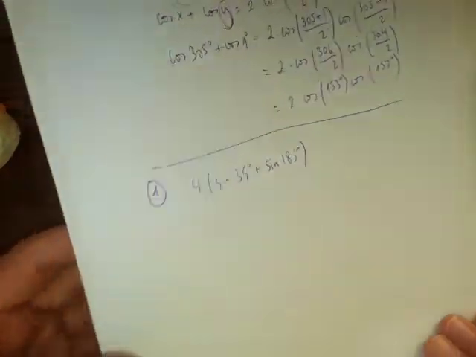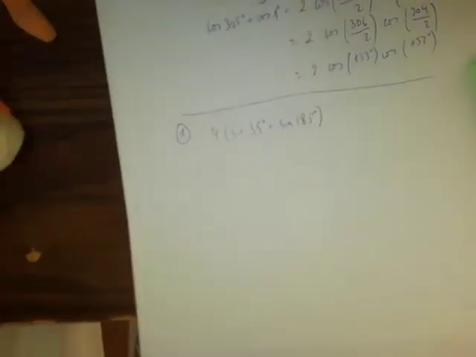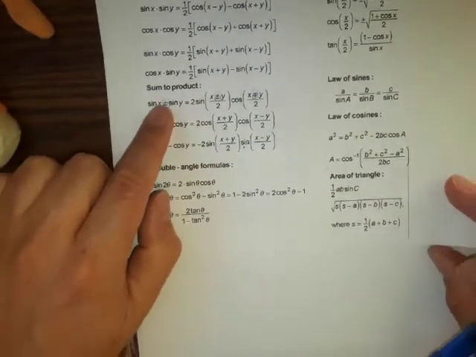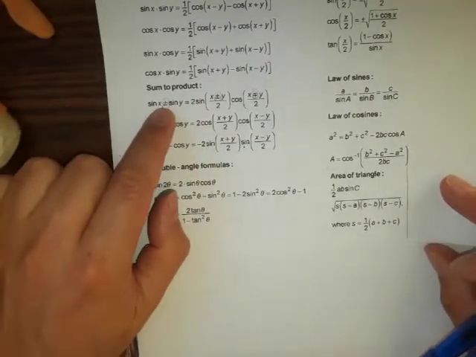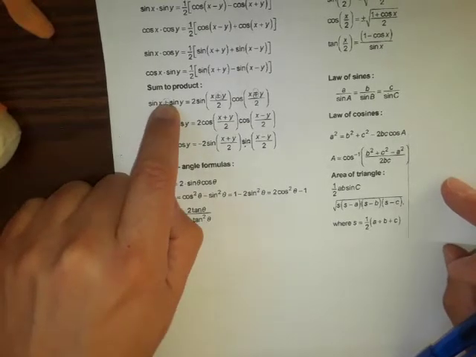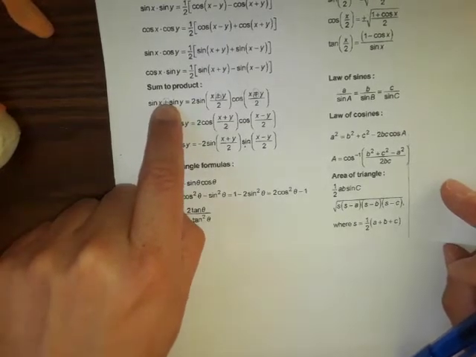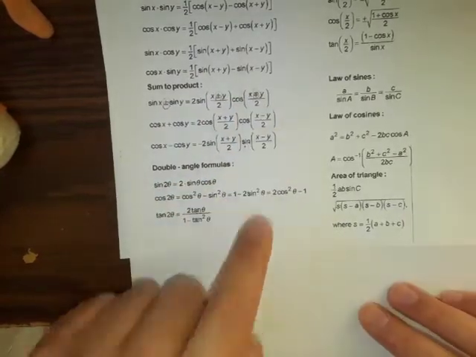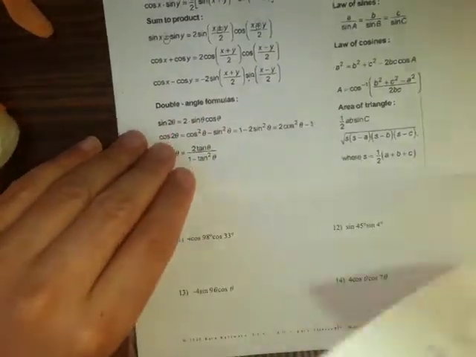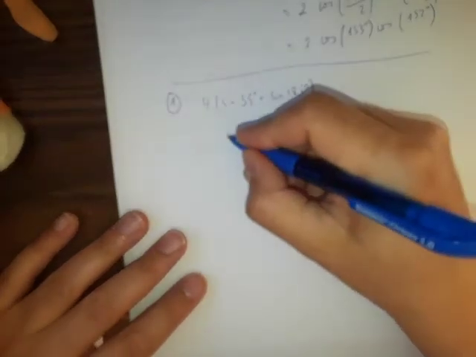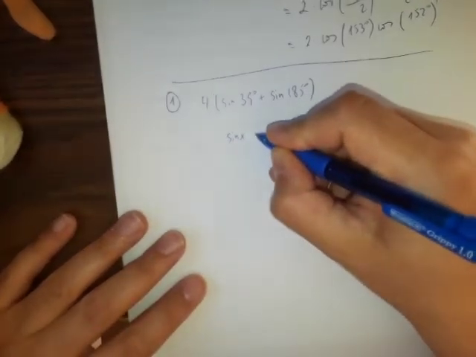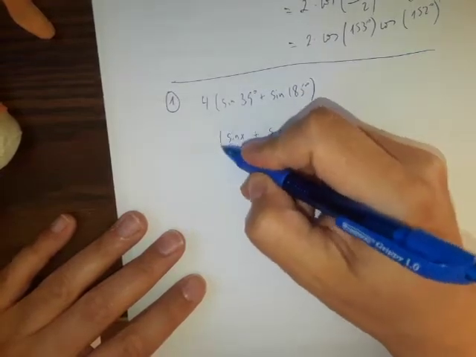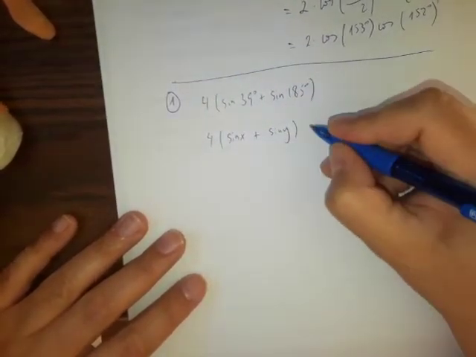Okay, so again, we look at this worksheet, and we can see that as we have a plus, we have to use the top one. We have to use the ones that are highlighted in green. So plus, plus, minus. Okay, so I'm gonna write it. So sine of x plus sine of y, we're gonna have a 4 outside here, right?